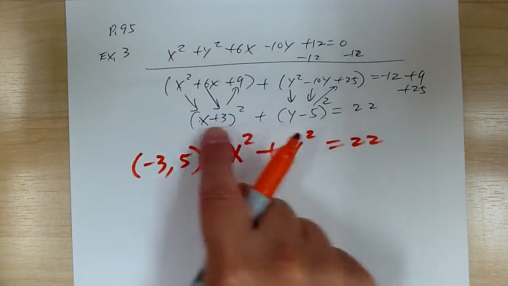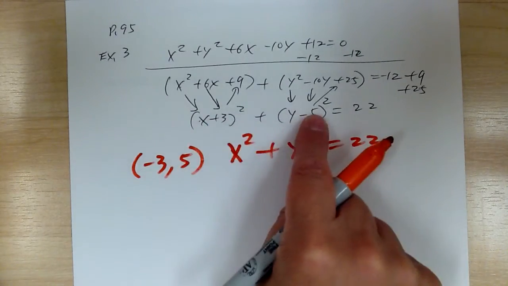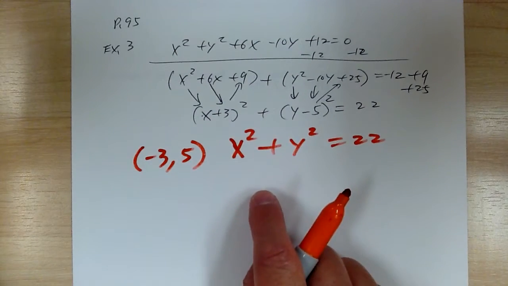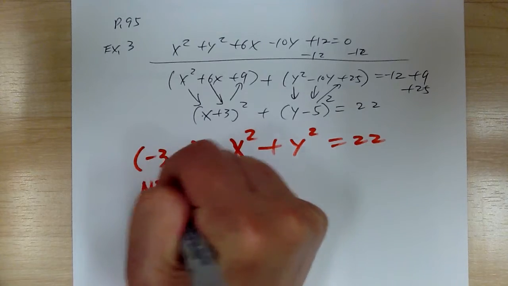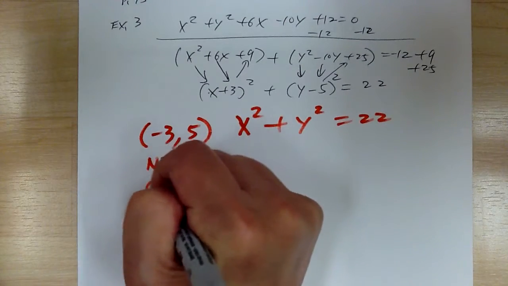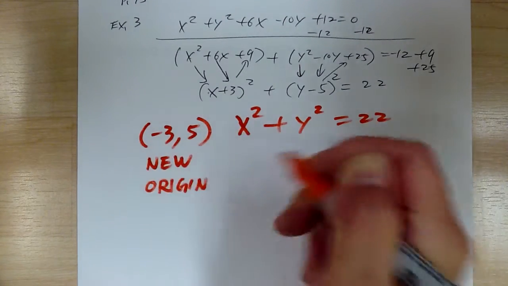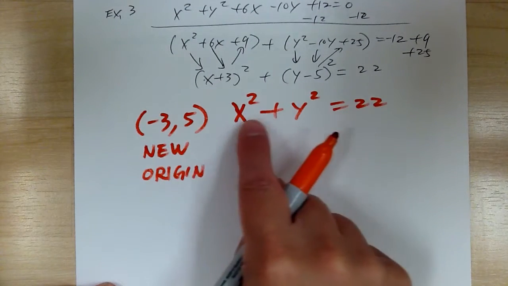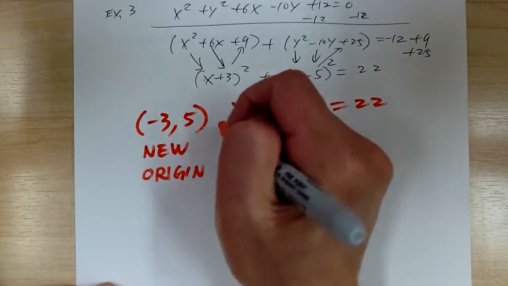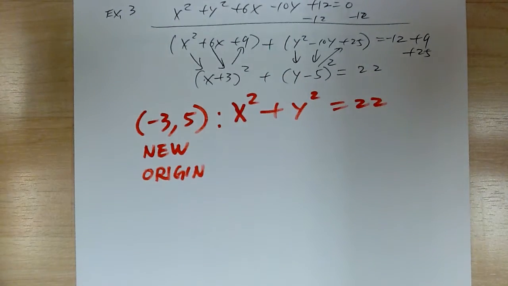Again, just think about the vertex or the center, depending on what kind of equation. This is your new origin. If you move the origin to here, then your equation becomes this. And that's it.